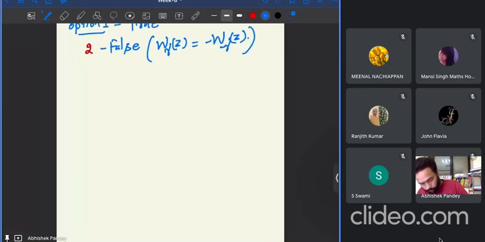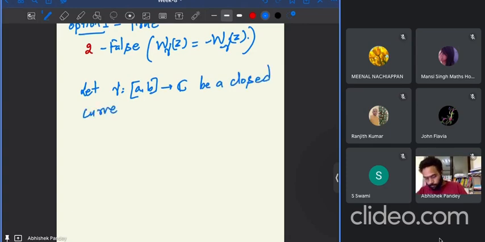Let gamma from A to B to C be a closed curve.